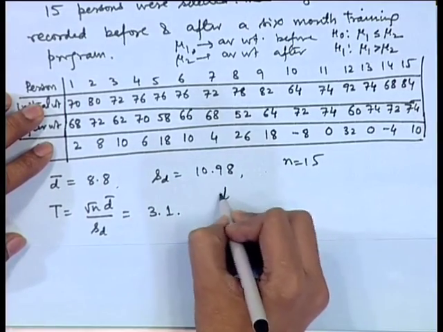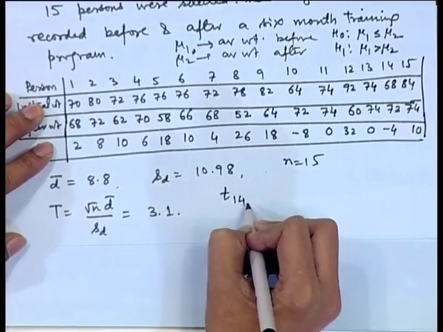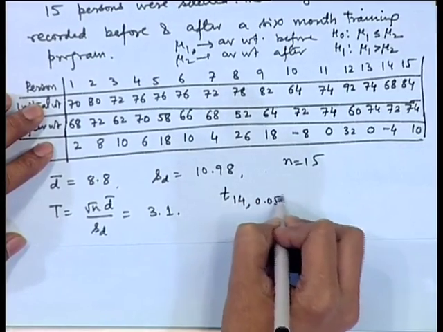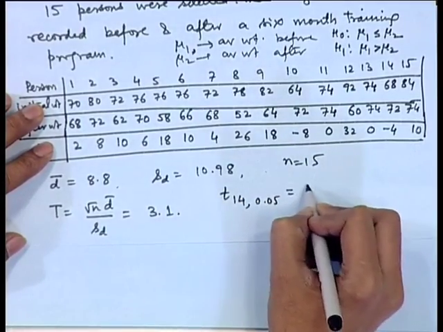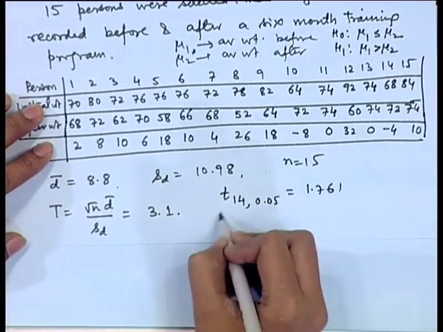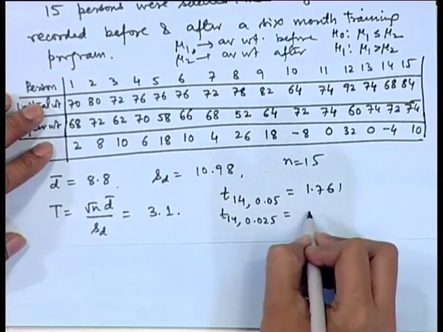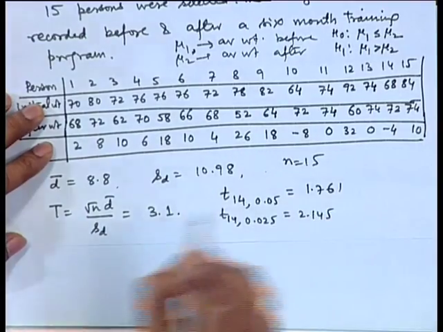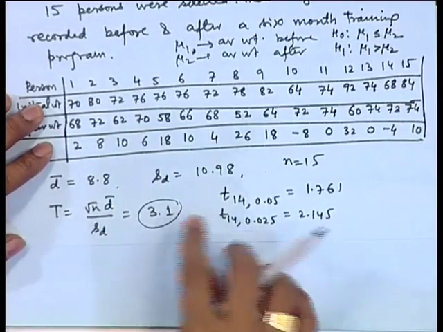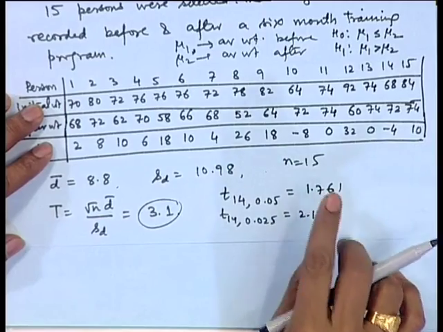If we are considering t distribution on 14 degrees of freedom, then the value at say 0.05 is 1.761, and t 14 at say 0.025 is equal to 2.145, etc. You can see that this value is significantly higher than these values.